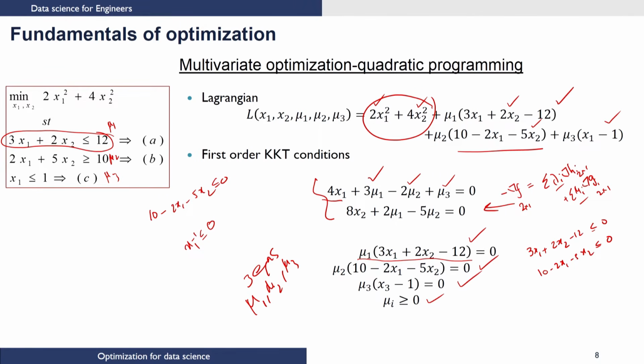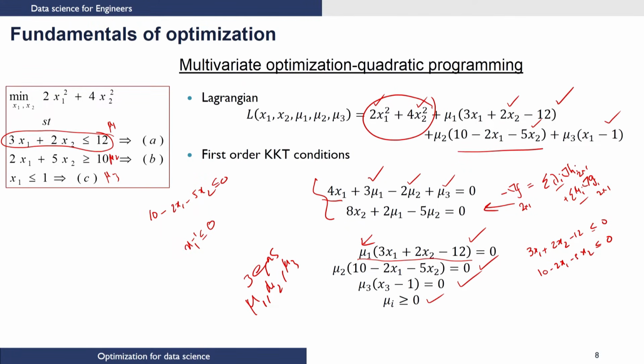So, for this to be 0, you could say in this equation either mu 1 is 0 or whatever is inside the bracket is 0. So, one possibility is whatever is inside the bracket is not 0, in which case mu 1 has to be 0. So, the key point that I want to make here is if we say whatever is in the bracket is not 0, then that automatically gives me the value for mu 1.